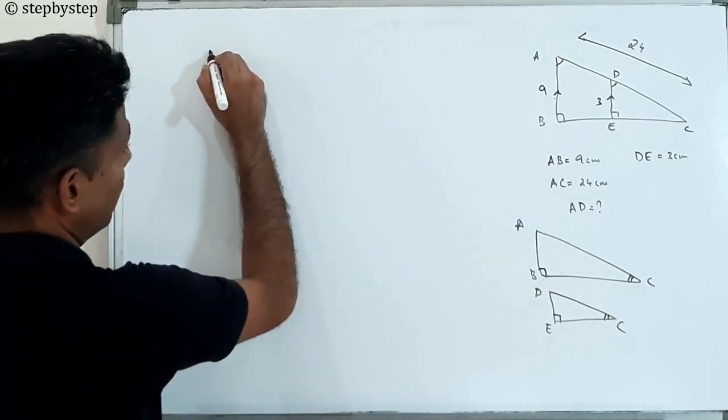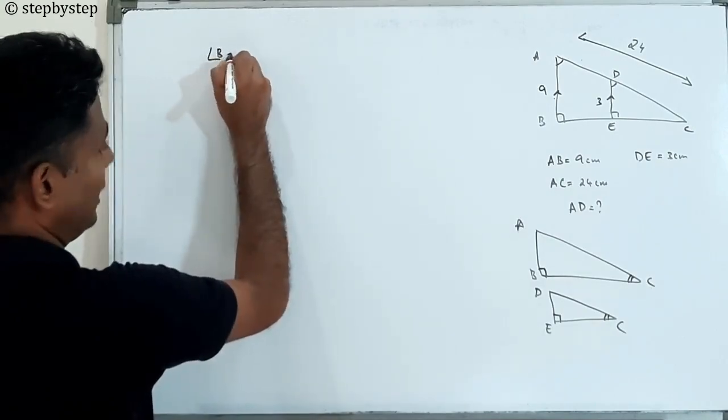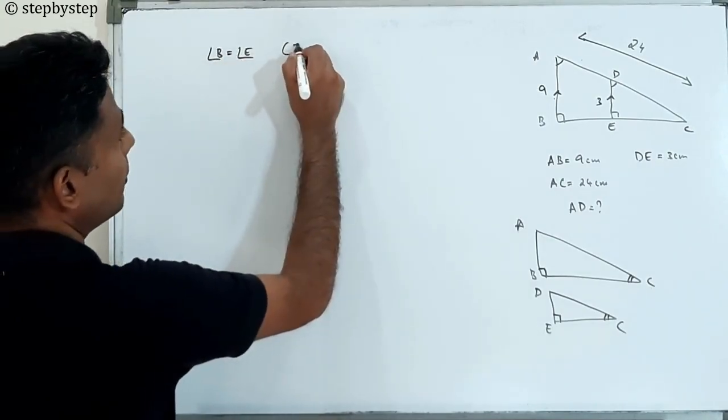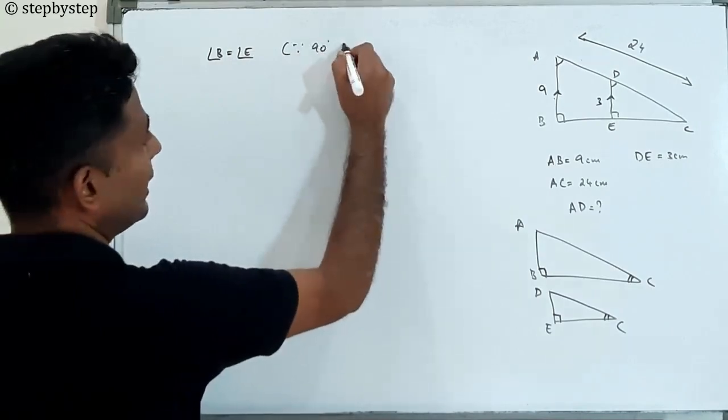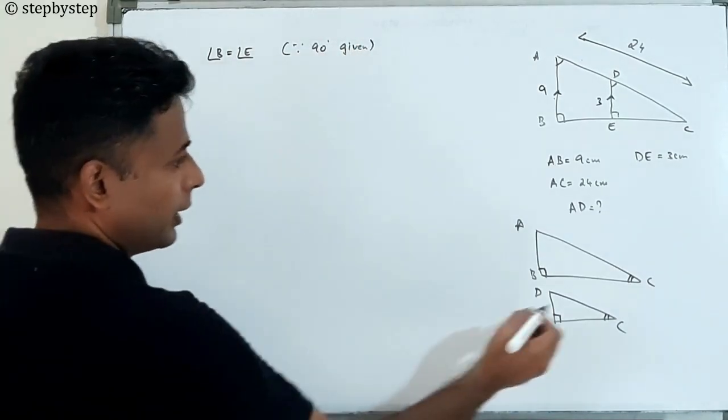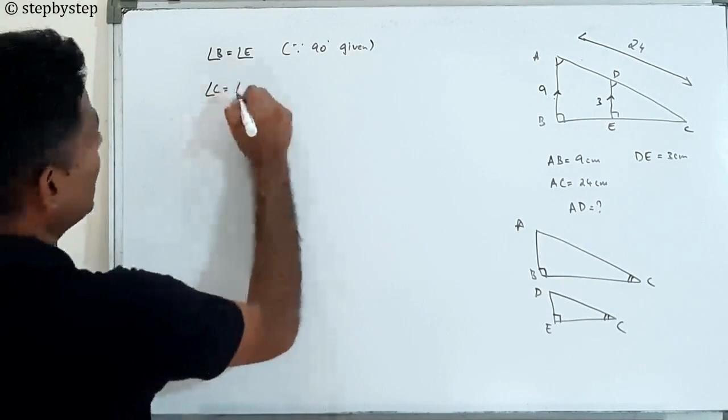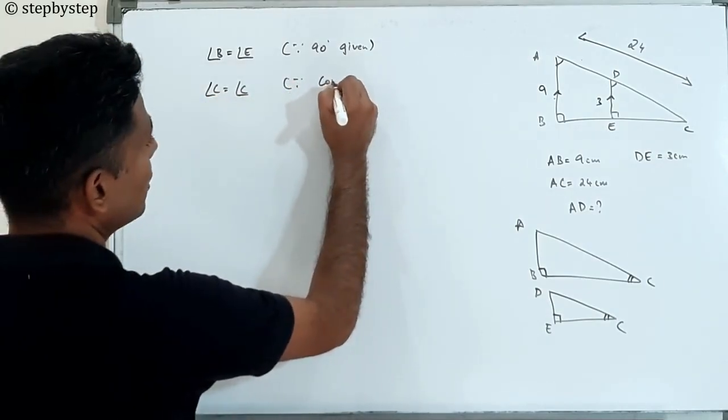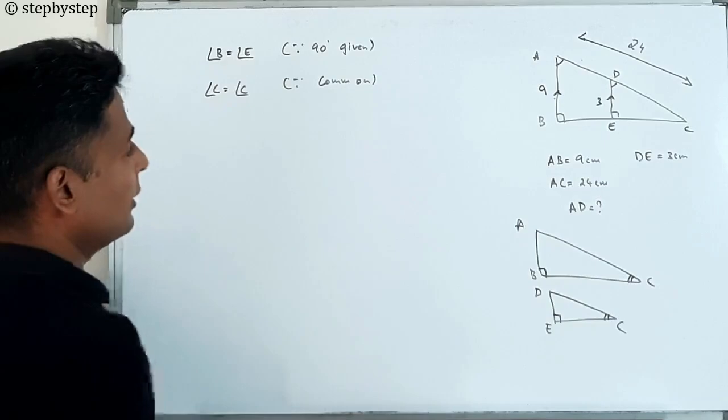So what we'll do? What are we getting? Angle B equal to angle E, because 90 degrees given, right? Next we have angle C equal to angle C because common, right?